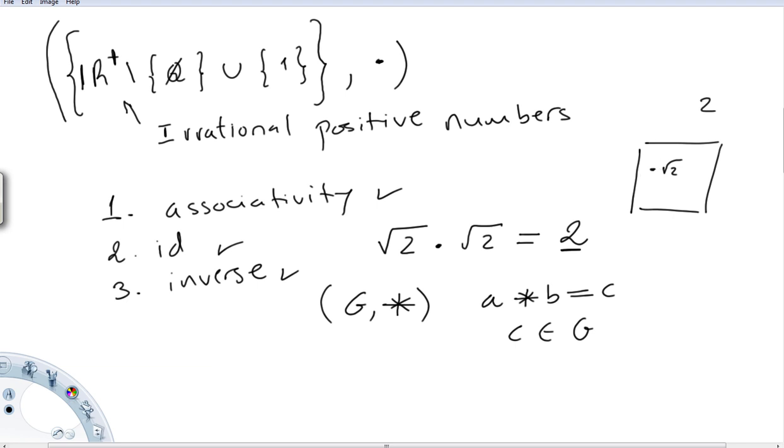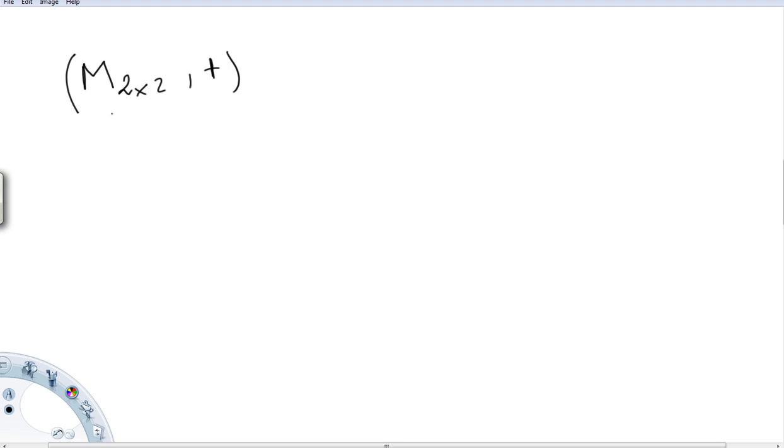Now let us check if matrices of dimension 2 by 2 under the usual addition of matrices are a group. So we take an arbitrary matrix a, b, c, d. This is a 2 by 2 matrix. So under addition, is this a group?